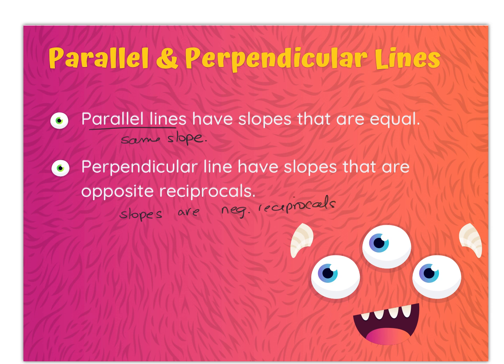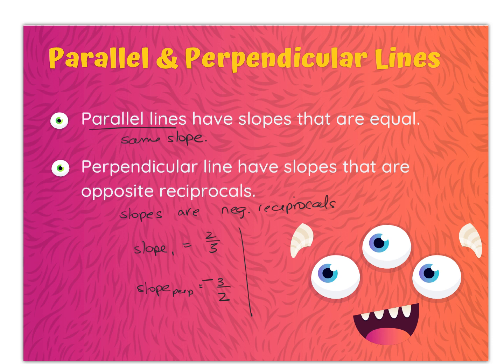Well, let's say the slope of one line is 2/3. The slope of the perpendicular to that is going to be the reciprocal, which is the flipped, so 3/2, and the opposite sign. So it'll be -3/2.